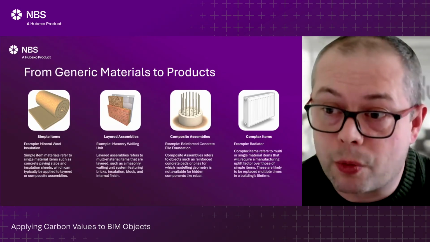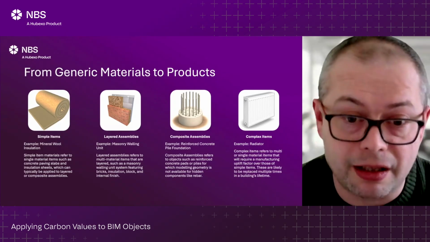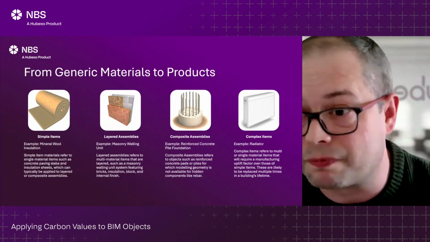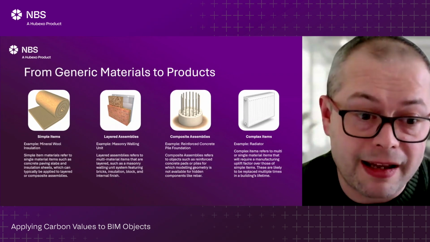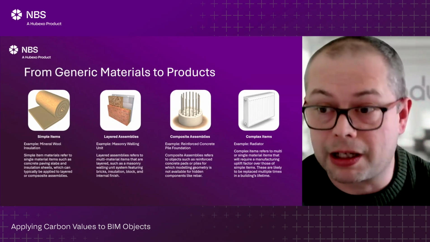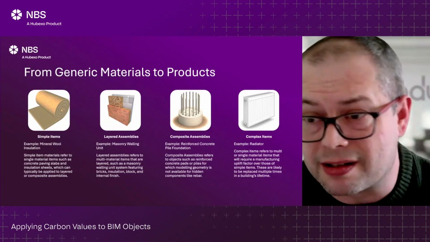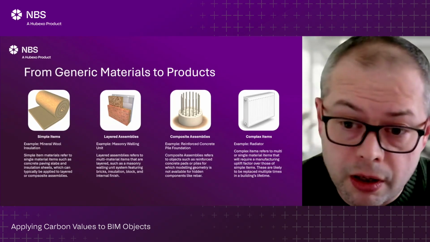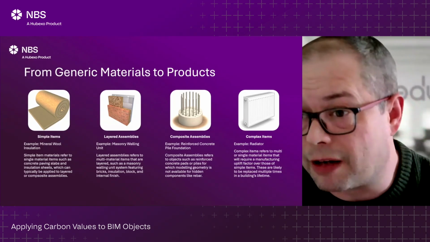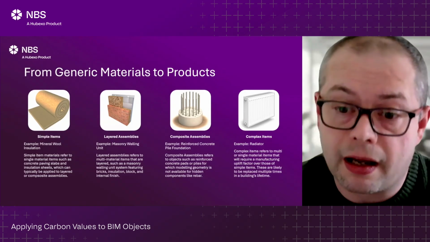There are then layered assemblies, such as an insulated cavity wall. That particular build-up is very typical of any residential house build-up at the moment. It is basically a sandwich of those simple items, so we need to understand the simple items to be able to calculate that. There are then composite assemblies, if you are specifying reinforced concrete, for example, in a raft or a pad, or a pile foundation as in the example there.